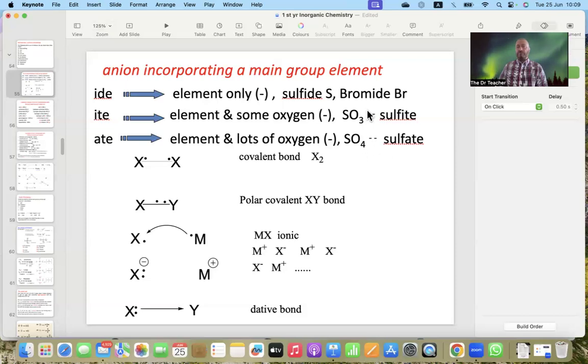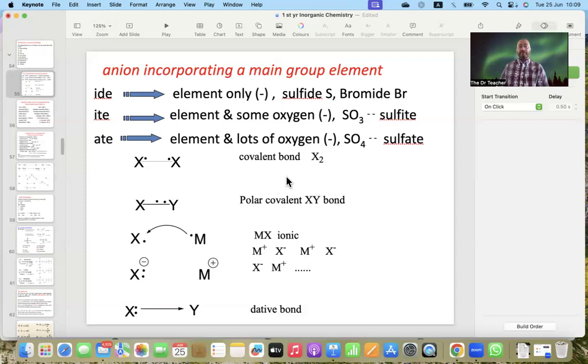And we will talk about where these minuses came from. As you remember, just for a summary, XX is a covalent bond in the halide gases.